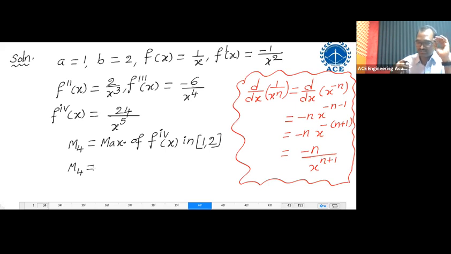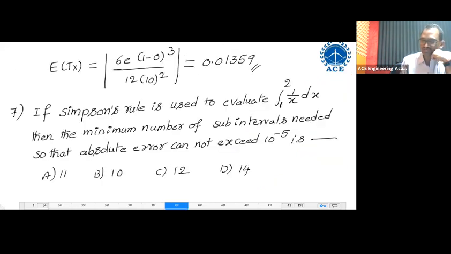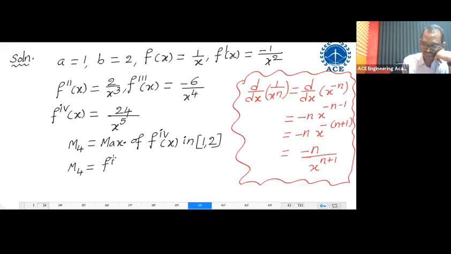Decreasing functions will have the maximum value at the lower limit of the integral. f power 4 of x, 1 by x power 5, is a decreasing function. A decreasing function will have the maximum value at the lower limit of the integral, that is 1. So this is the 4 times differentiation of f of x at 1. F power 4 of 1, 24 by 1 power 5, that is 24.